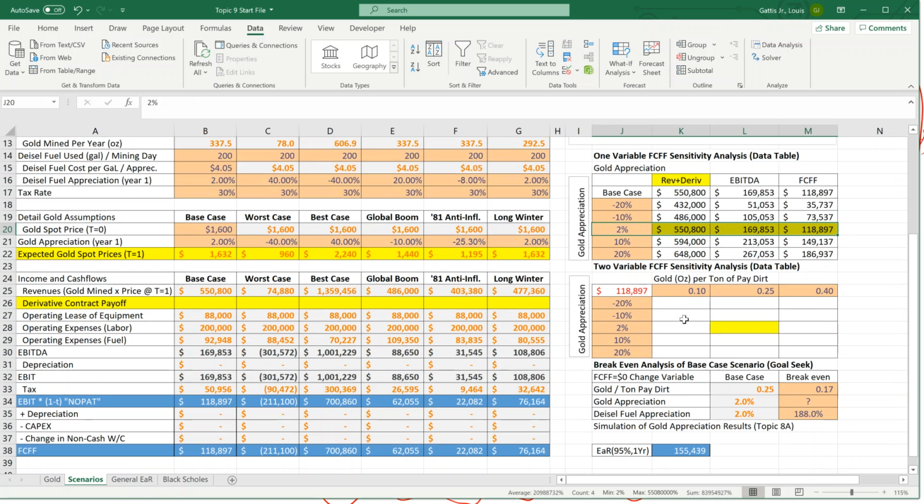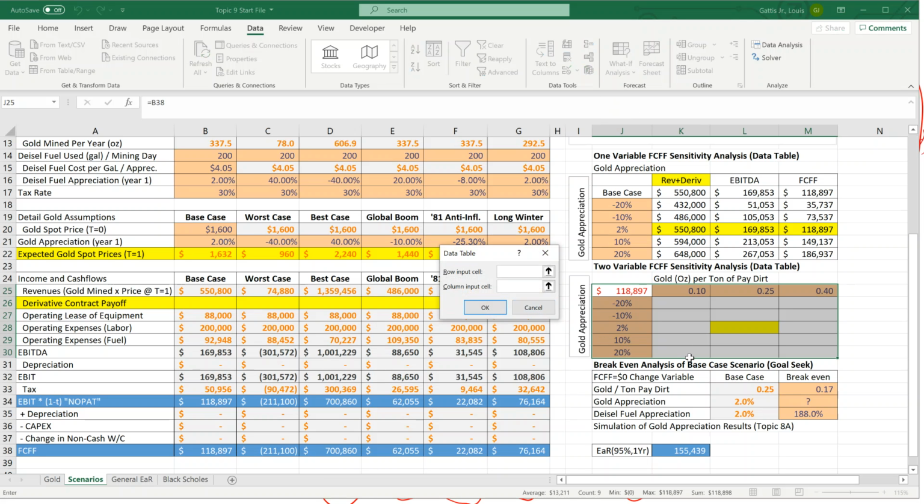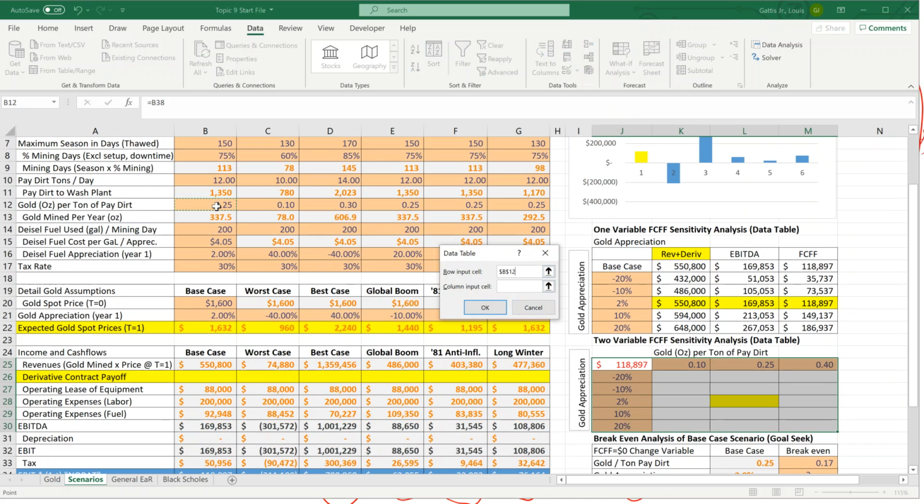And the second thing I'll do is a data table. Notice I have a link to the free cash flow in the base case. And I want to see how just free cash flows are affected by both gold appreciation and amount of gold per ton of dirt. So I'm going to select all of the data and hit data, what if, data table, where it says row input cell. The row is gold ounces, and that's the 0.25 in B12. Column input is plus or minus 20% of gold appreciation.